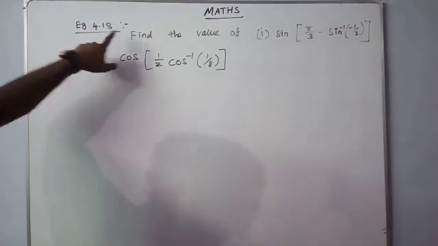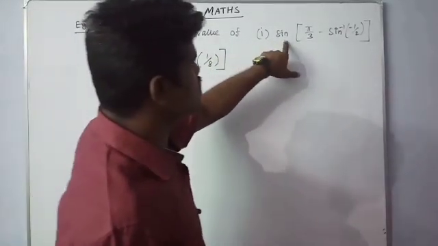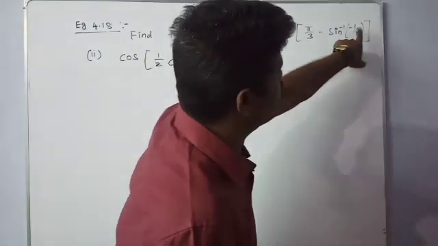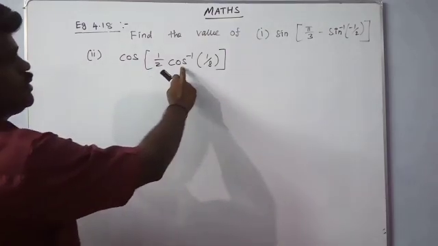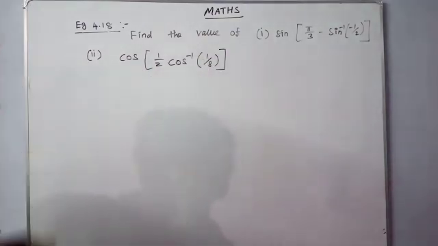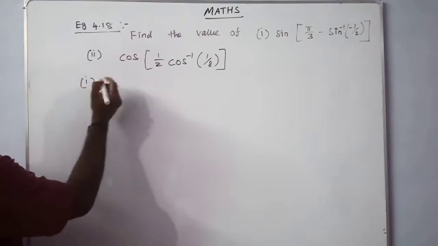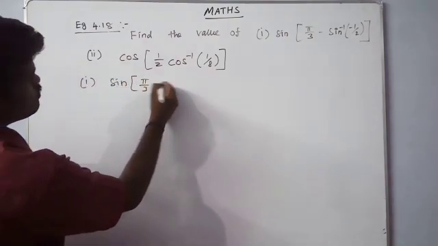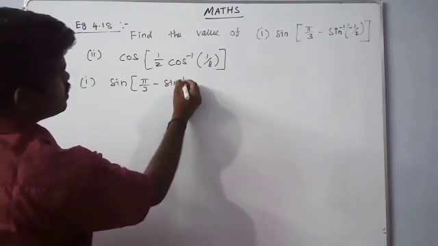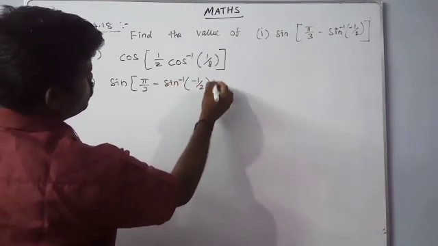Example 4.18. Find the value of Roman letter 1, sin of pi by 3 minus sin inverse of minus 1 by 2, and Roman letter 2, cos of 1 by 2 cos inverse 1 by 8. First of all, we have to discuss the first sum. Sin of pi by 3 minus sin inverse of minus 1 by 2.